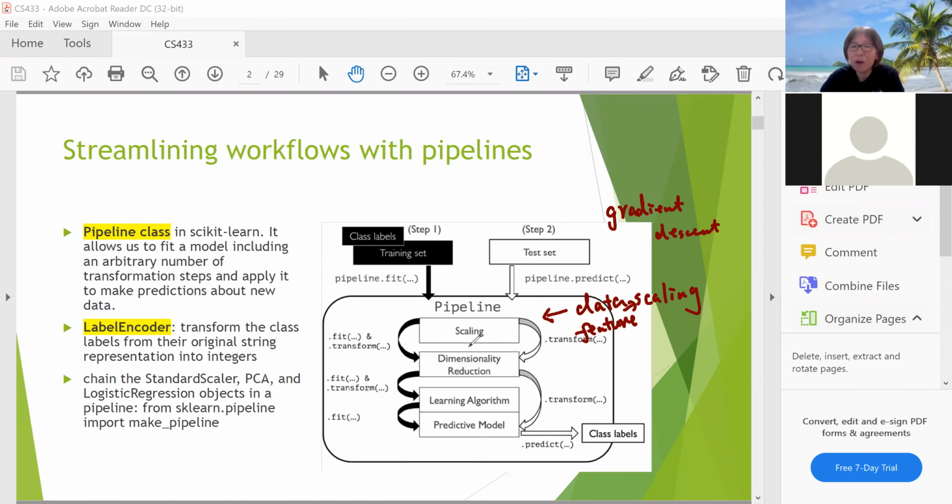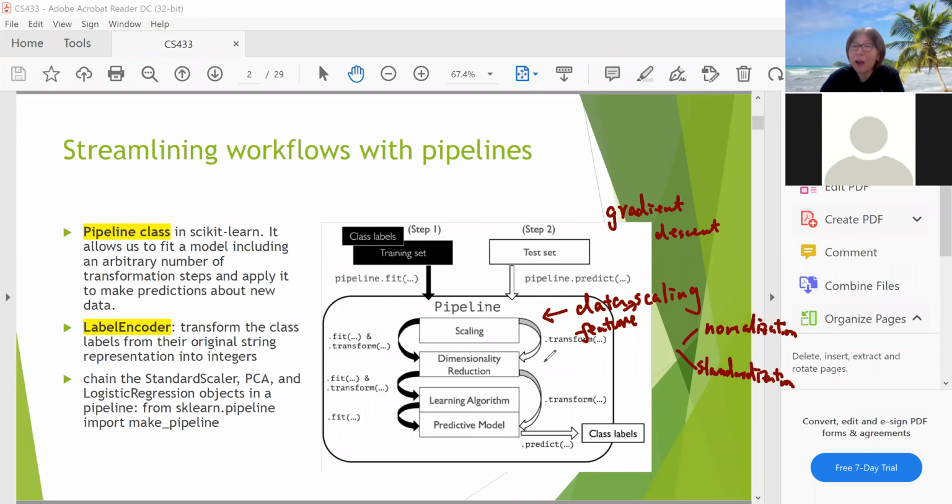And for feature scaling, generally we discussed two approaches, normalization and standardization. So that's regarding scaling.